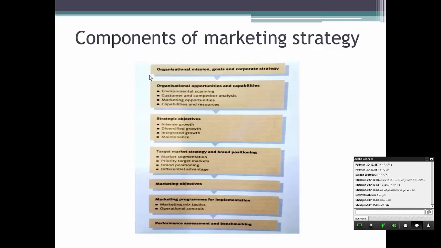When you do market segmentation, you need to see the whole market and then divide the market into different groups based on, for example, the similar needs of the customers. When I say market segmentation, I mean customer segmentation.